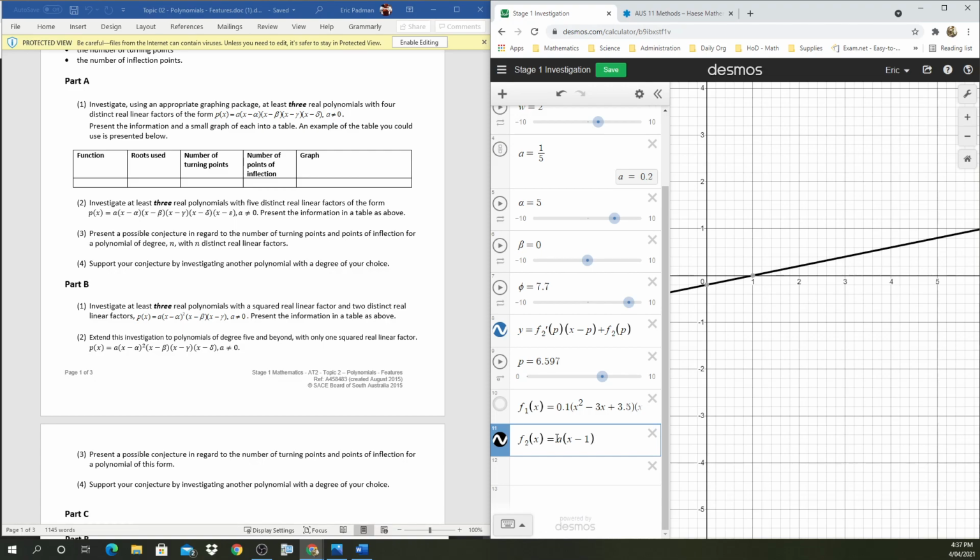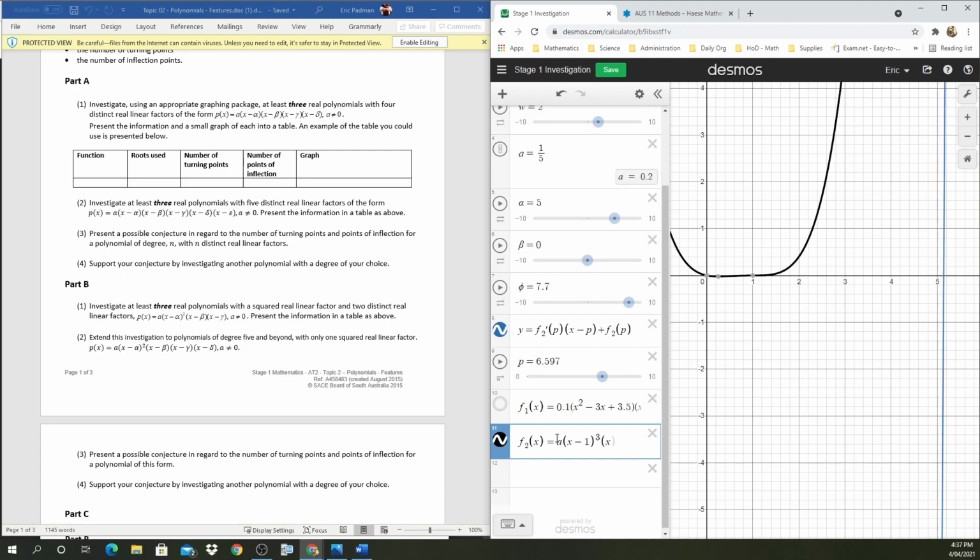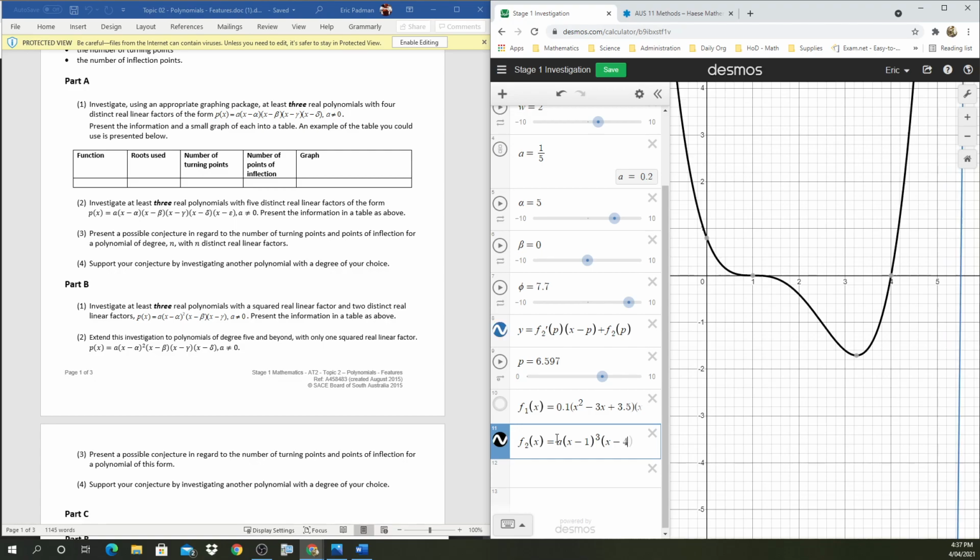But let's put a cubic in here. So we have that, and past that, we'll put a linear. Okay, there we go. All right, so that is a quartic as well, order degree 4 polynomial.